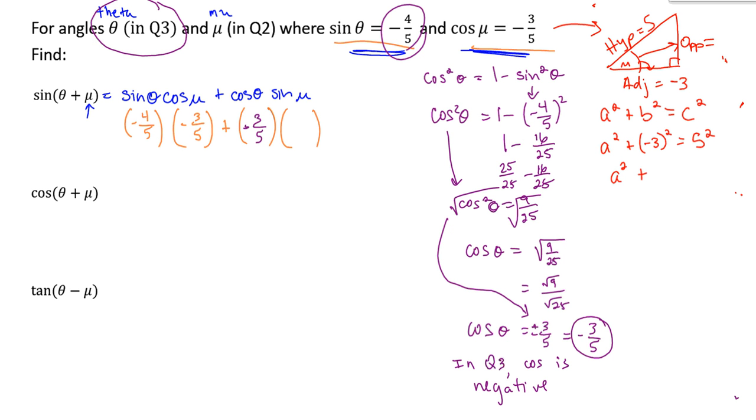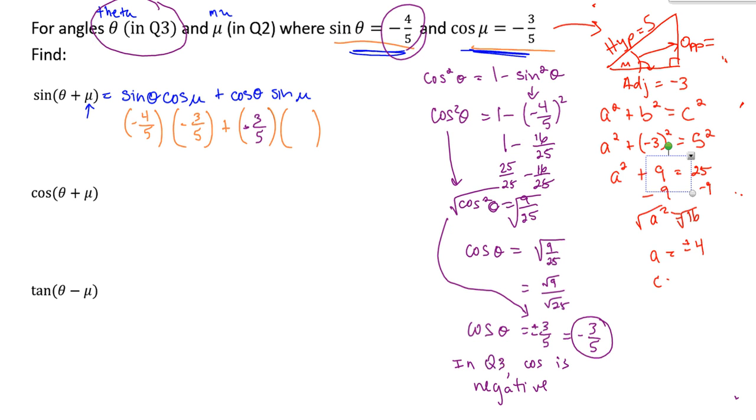Having issues. Negative 3 squared is not negative 9, it's positive 9 because the negative is inside and it's being multiplied by itself as well. Okay, finish solving. a squared equals 16, take the square root, and we get a equals plus or minus 4.